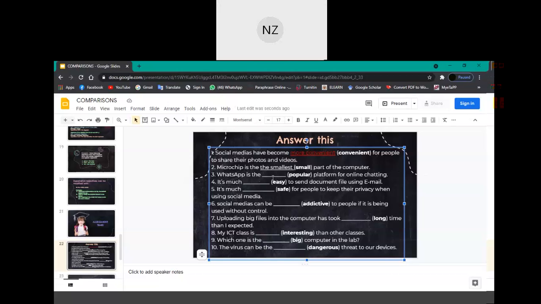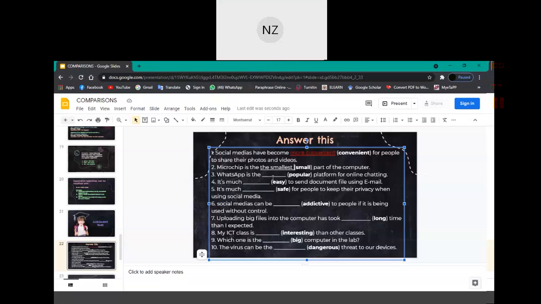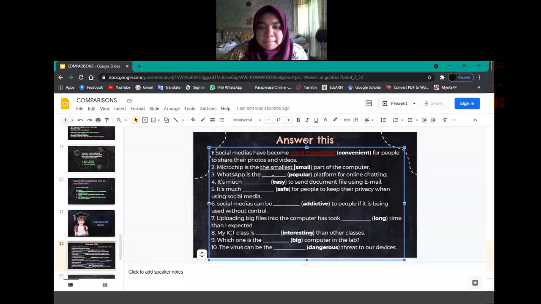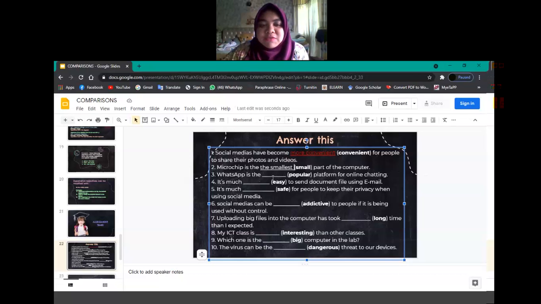And you cannot put est at the back of popular. Why can't we put the suffix est? Because it is an adjective of two syllables that does not end with y. I see. Thank you, teacher.